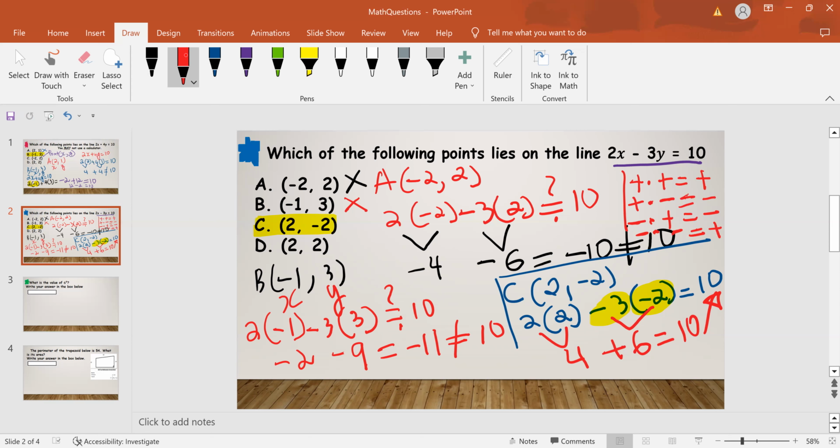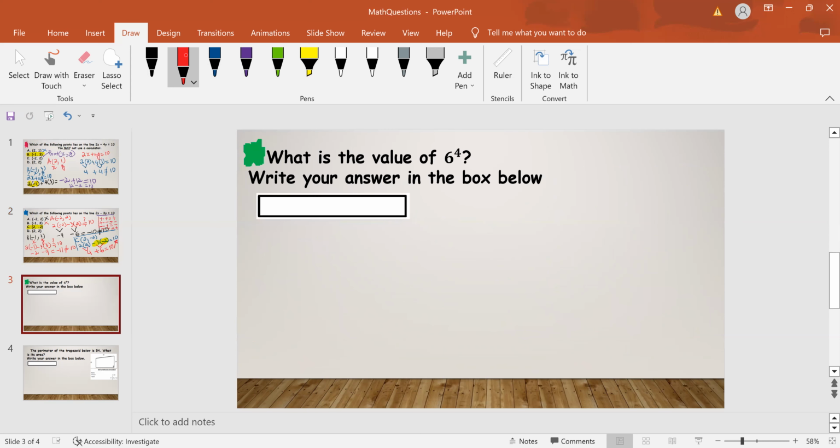Okay, so we continue. What is the value of 6 to the 4th power? Write your answer in the box below. You will have a question like this in the GED, but they will allow you to use a calculator. You have to understand something: 6 to the 4th power is not 6 multiplied by 4.